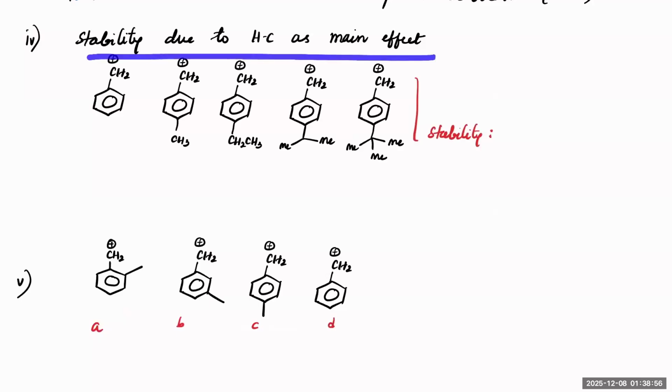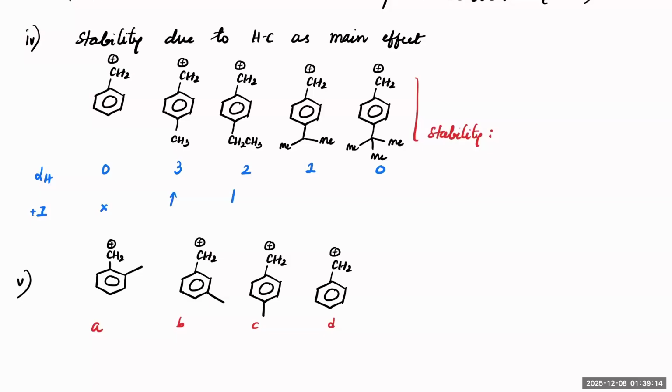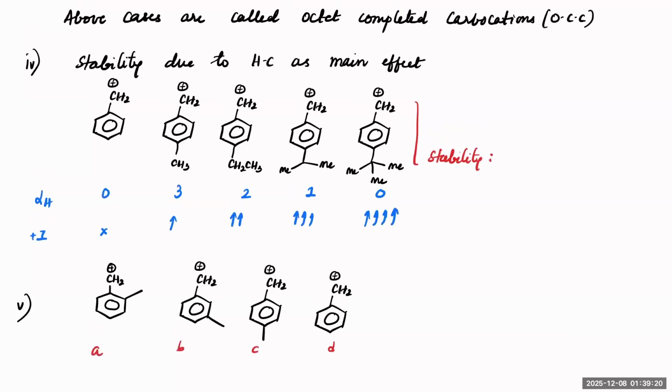Next, check out this case: stability due to hyperconjugation as the main effect. You can clearly notice that the alpha hydrogens here are 0, 3, 2, 1, and 0. If I compare the plus I, there is nothing here; here 1 plus I, slightly better; this is even better; and this is a much, much better plus I effect.